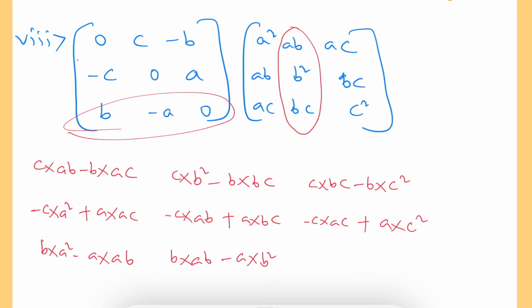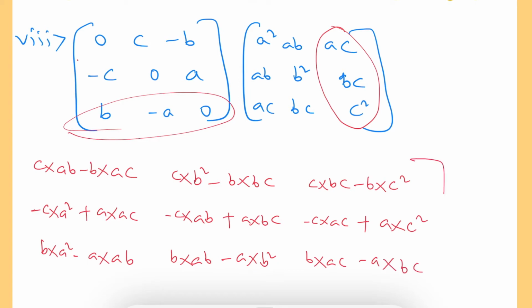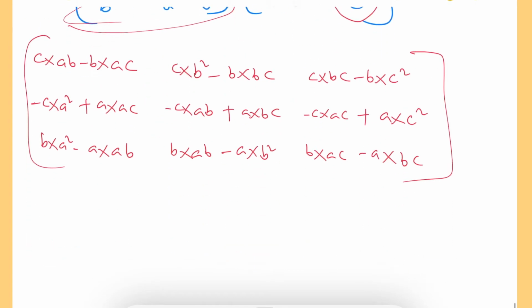That's it. Next, last column. Zeros I am avoiding completely, because 0 into anything is 0 only. Now B into AC minus A into BC. Okay, let us simplify this now.